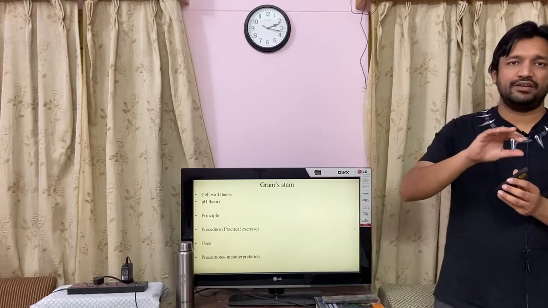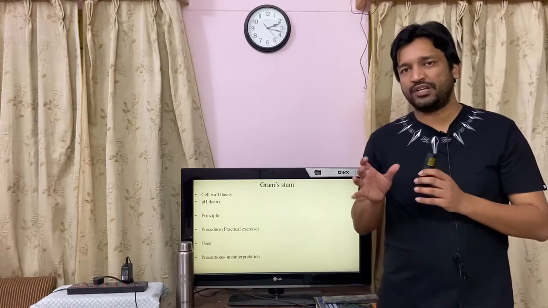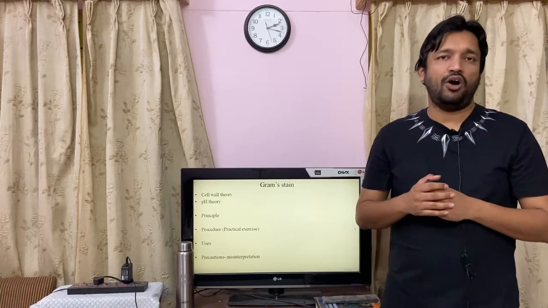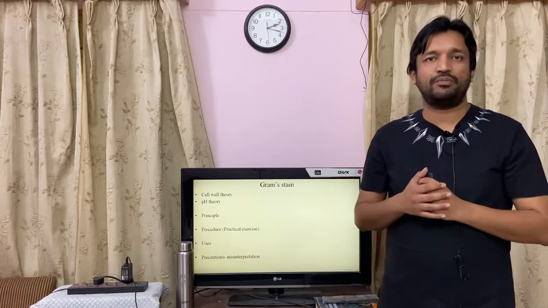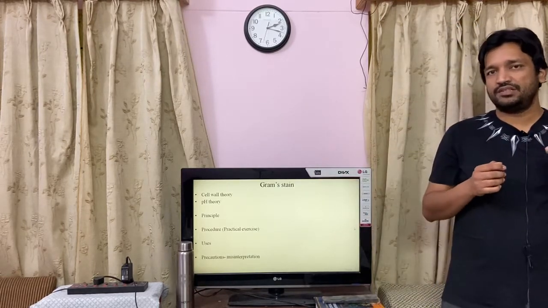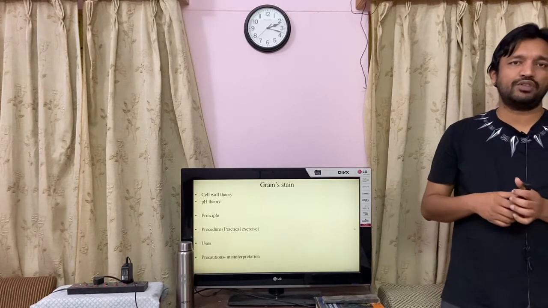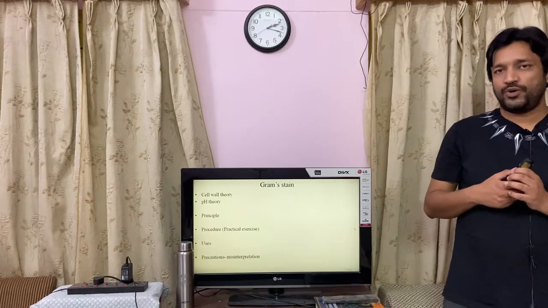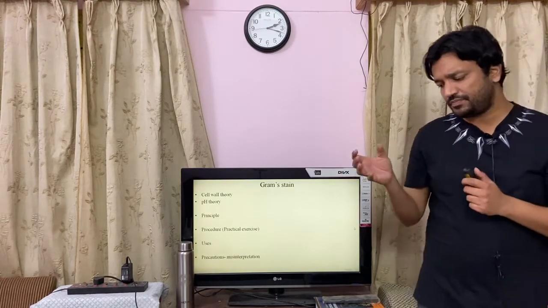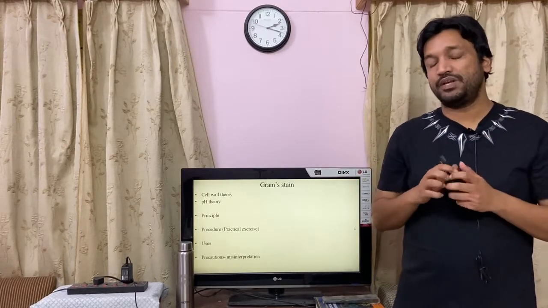Then we will add a decolorizer such as acetone, which is a strong decolorizer and should be exposed only for 2 to 3 seconds, not more than that, or methanol, which can be added for up to 20 to 30 seconds. Once decolorization is done, we will do a counterstaining step using safranin for 30 seconds. Gram positive bacteria will appear purple in color, whereas gram negative bacteria will appear pink in color.